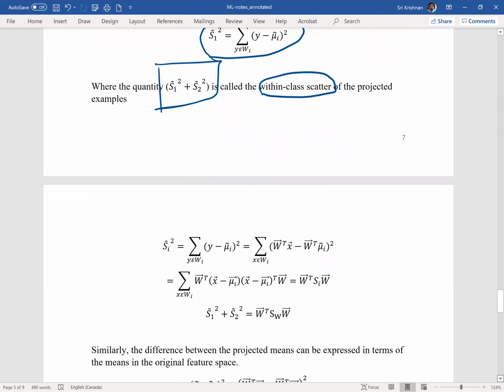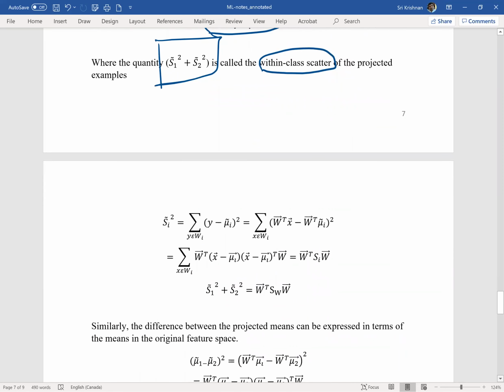And for the within class scatter, if we go back and substitute the values in the formula that we just worked out, it turns out the within class scatter matrix can be written in terms of the W function. W are again the weight functions that we defined at the beginning of the LDA description.